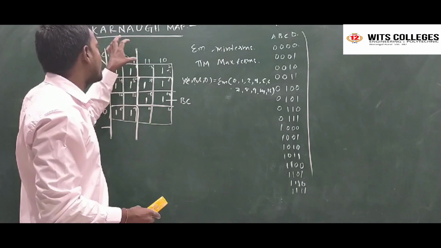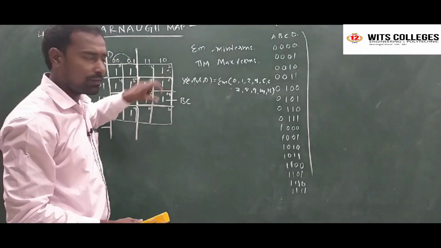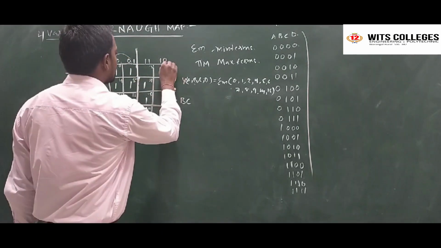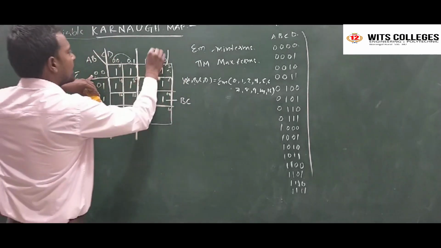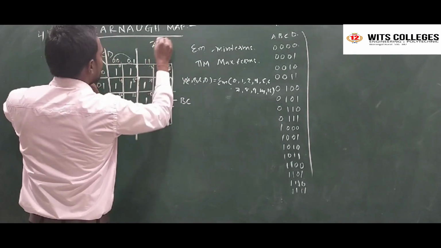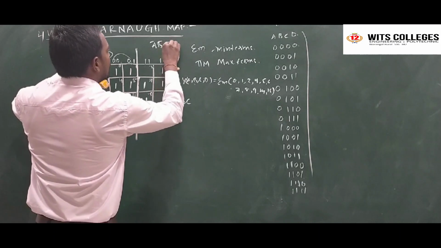So how many variables we have, then this will give the variables. So this term gives, this side, that is a bar into b bar into c into d bar.